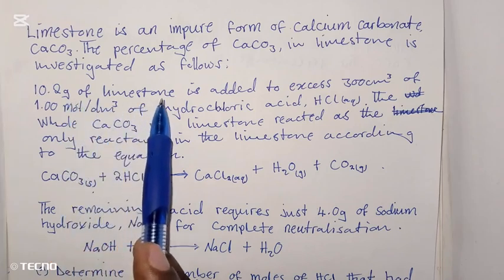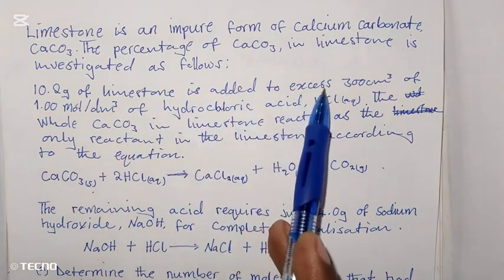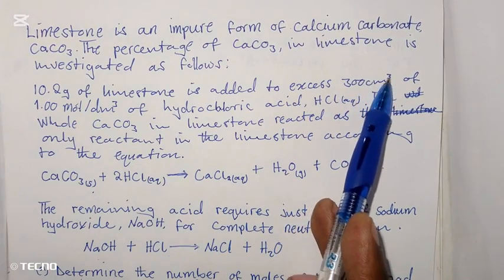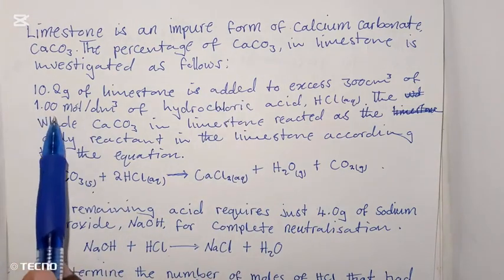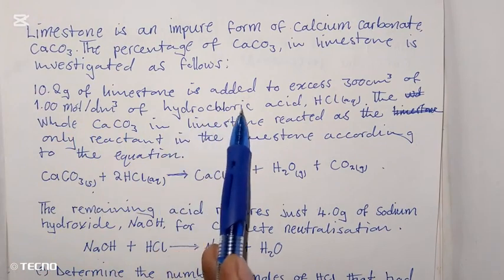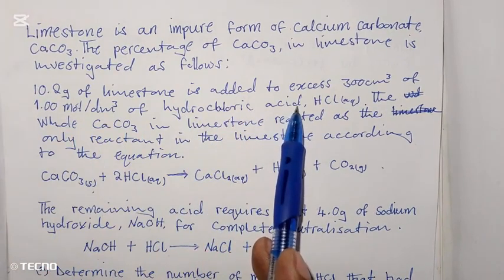10.2 gram of limestone is added to excess 300 centimeter cube of 1.00 mole per decimeter cube of hydrochloric acid.